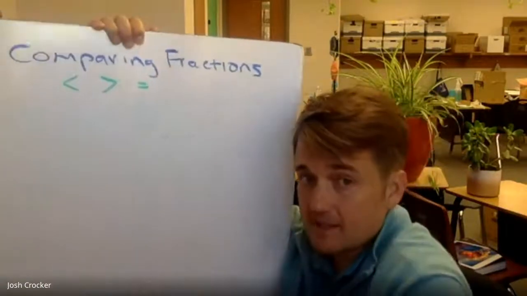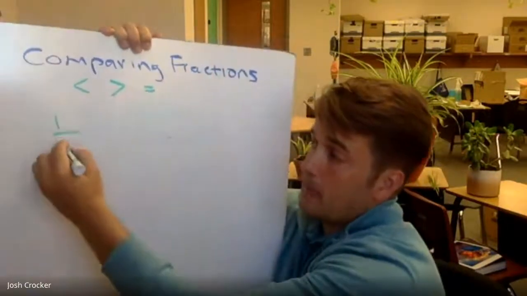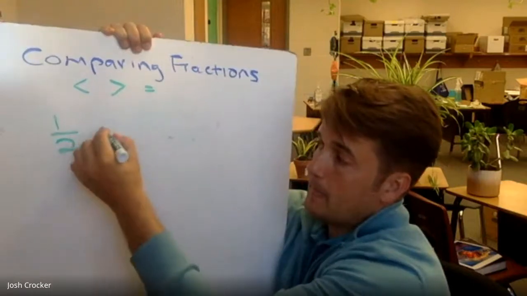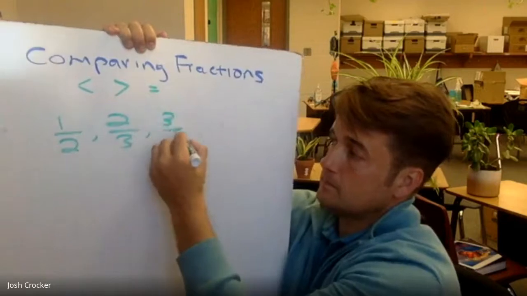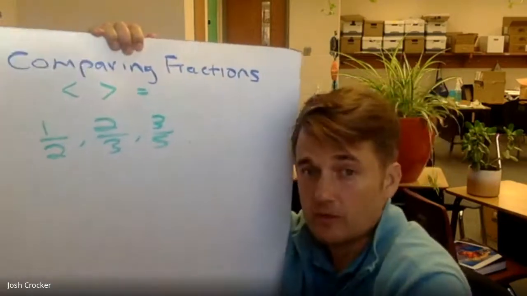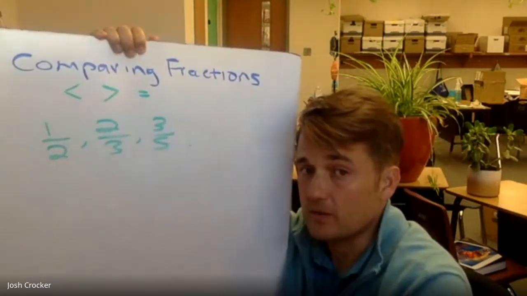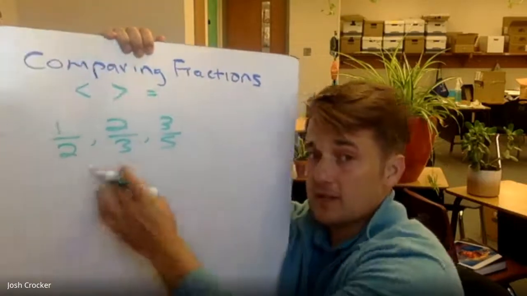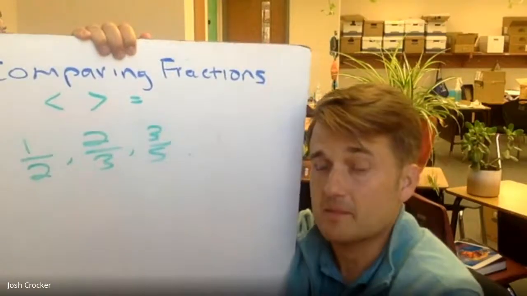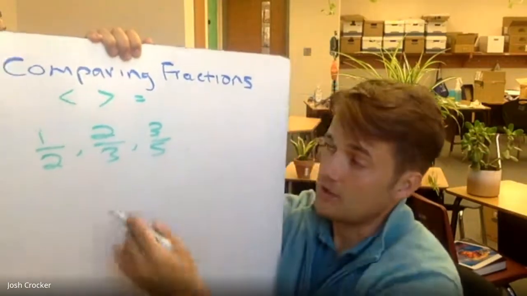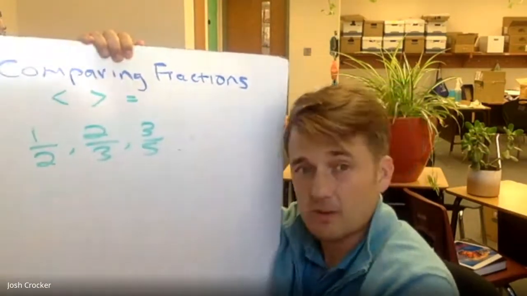Now, you might even see a set of fractions like this where you have more than 2. If you have a set of fractions like this, it's really ordering, a step past comparing. What you need to do is just start with 2 of them.